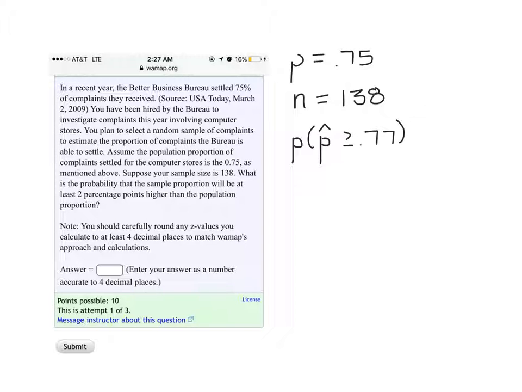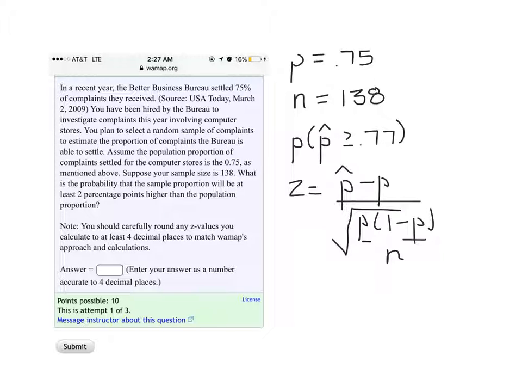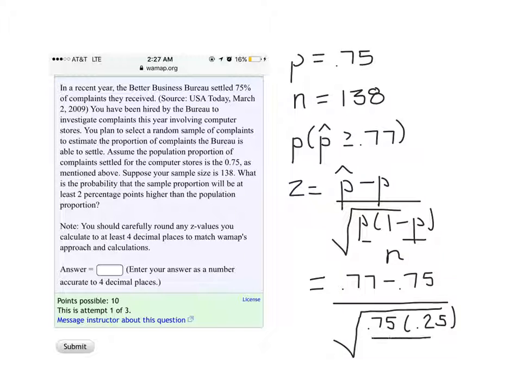So we only have one z-score to compute in this case, and we're going to use the same z-score formula we used previously. So we're first going to figure out how different the sample proportion of 0.77 is from the claimed proportion of 0.75, and then we're going to find what's called the standard error of the proportion by taking the square root of our p, 0.75, times our 1 minus p, 0.25, divided by our n, our sample size, 138.